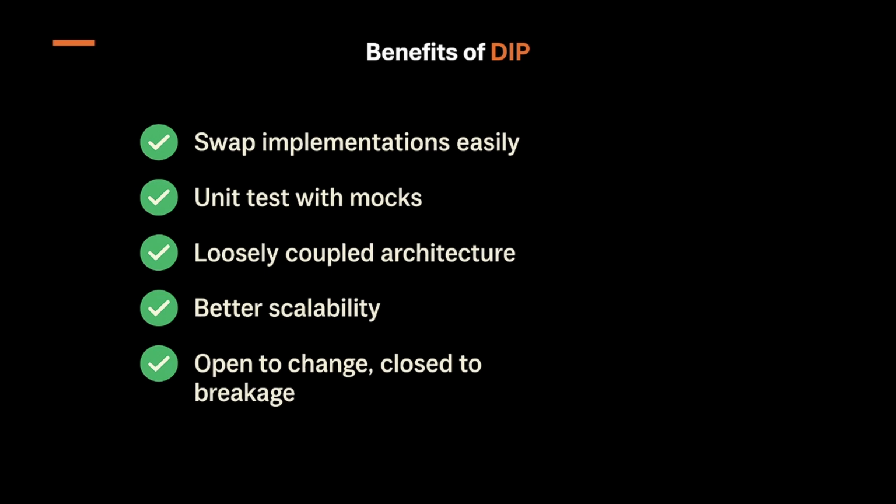Want to introduce a WhatsApp notification or integrate with a third-party service for a different sort of notification? You won't need to change your core logic. Open to change, closed to breakage. This is the dream. Your system is open to new changes, but protected from breaking existing, tested code. DIP keeps your code stable, extensible, and future ready.